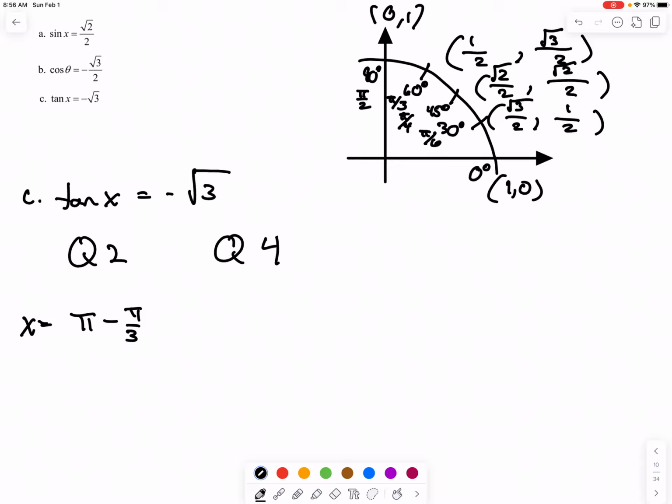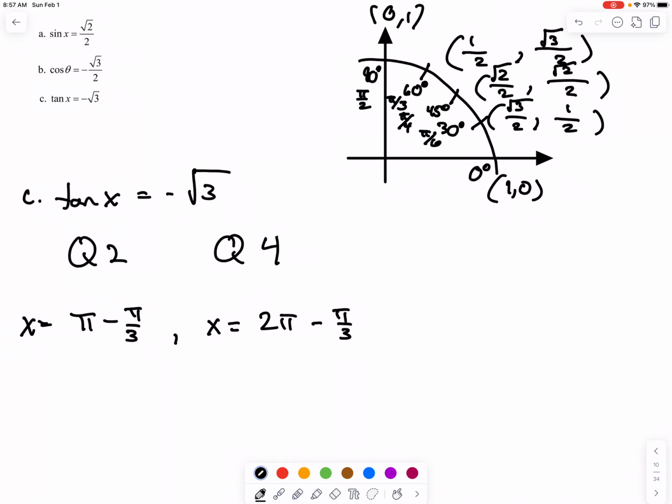And then for the quadrant 4 solution, we're going to say 2 pi minus pi over 3, right? 60 degrees off the x-axis in quadrant 4 from 0 to 2 pi.